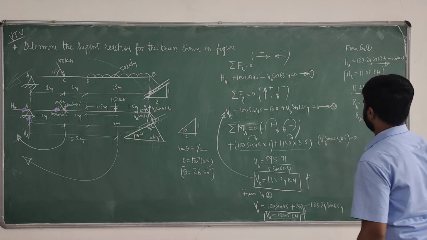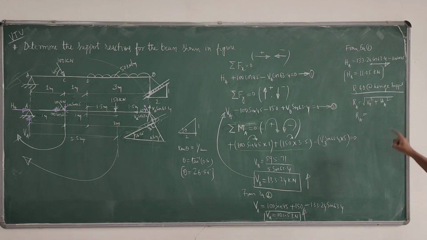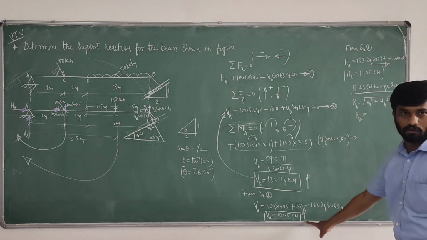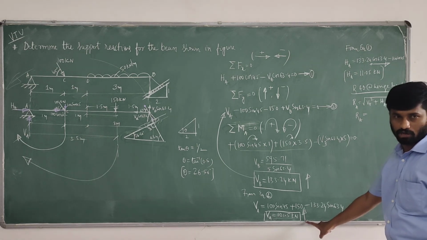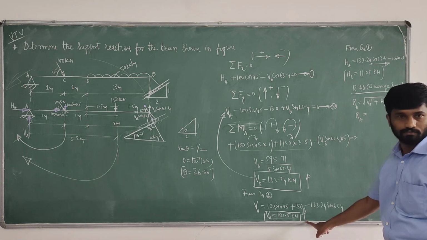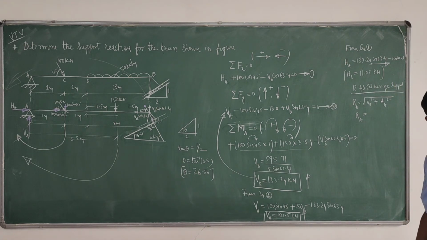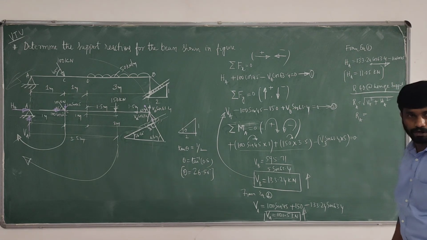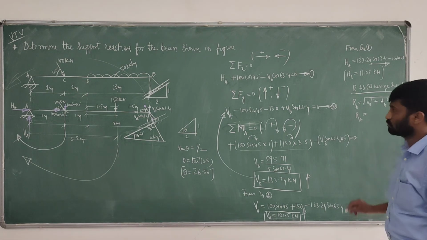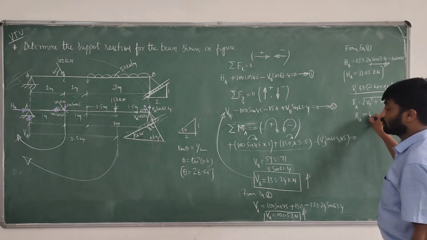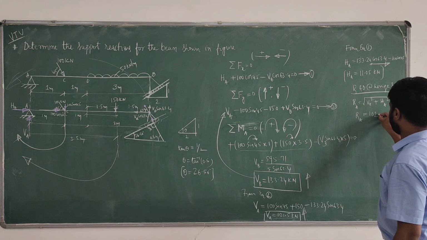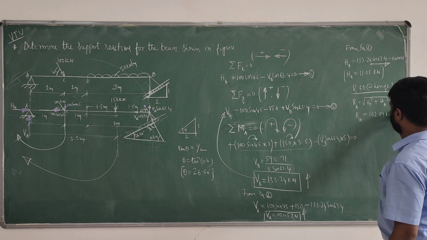VA square is 101.5 square plus HA 11.05 square, square root. 102.09 kilonewton. This is over.